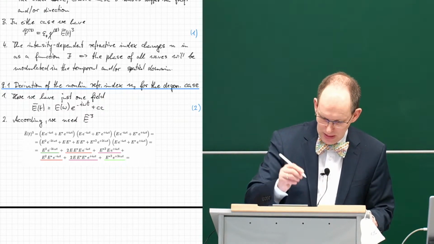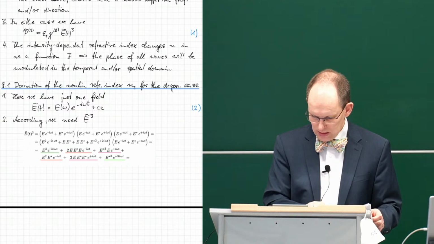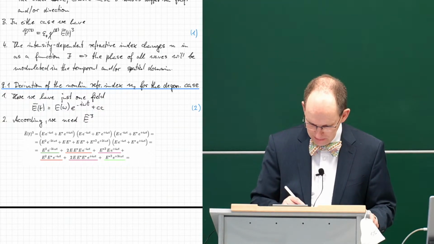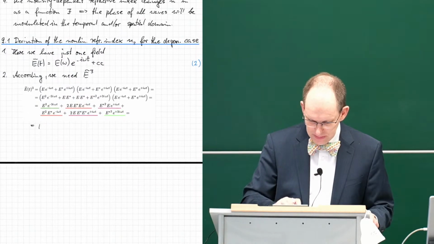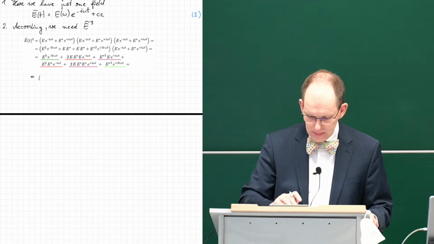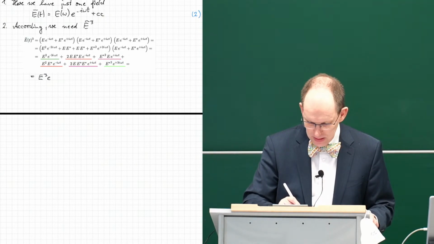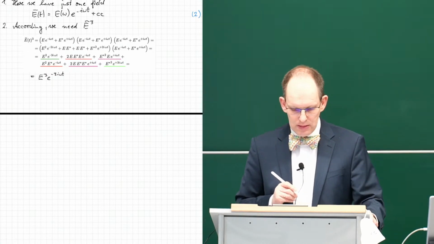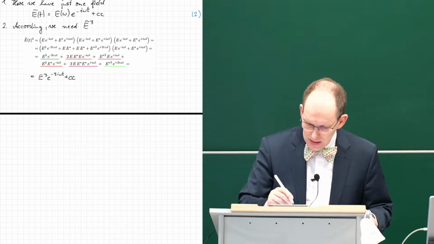And we can write this here for short in the following way. So we have E cubed, the third harmonic generation, plus the complex conjugate.